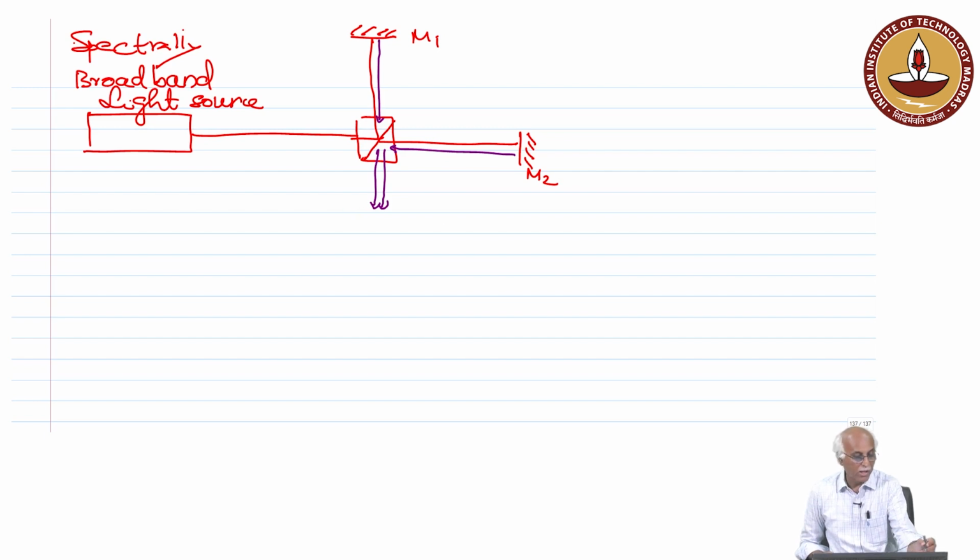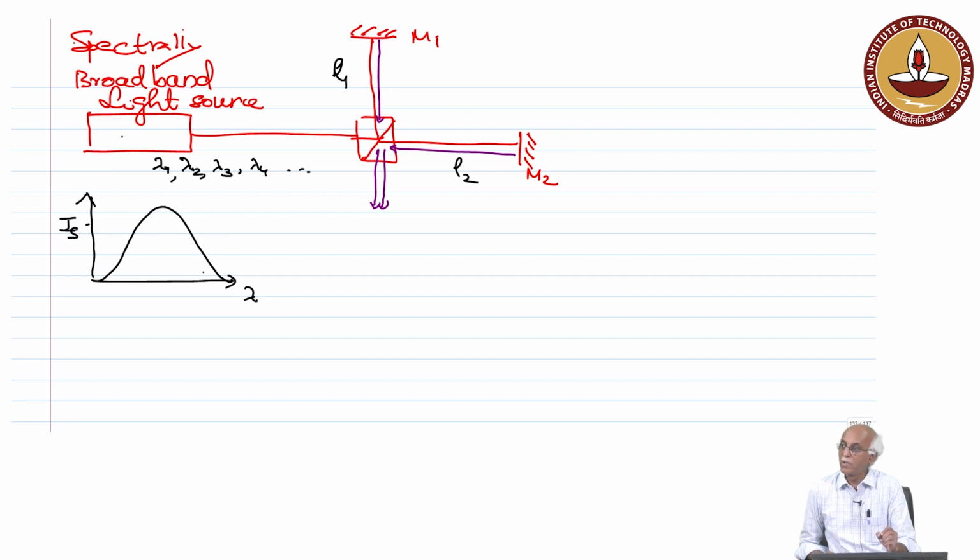Now if the path lengths L1 and L2 are equal, what we will see is a very large intensity interference. All the waves, it has multiple wavelengths, not only lambda 1, it is lambda 1, lambda 2, lambda 3, lambda 4, etc. So, it has a broadband source intensity, correct.